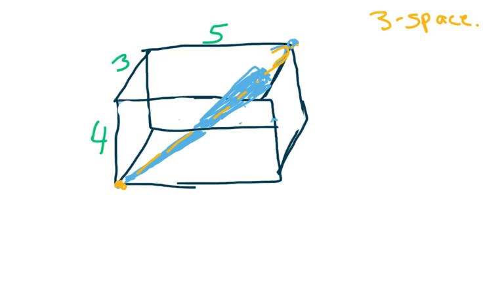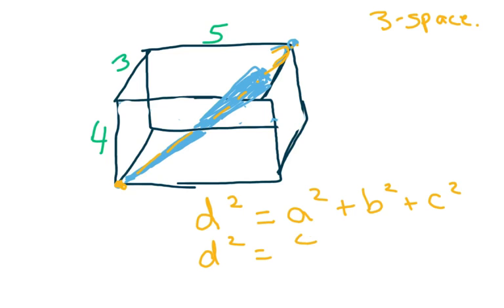And you're just going to use the Pythagorean Theorem as such. D squared equals A squared plus B squared plus C squared. So D squared equals, and you can call these whatever you want, I'll just say 4 squared plus 3 squared plus 5 squared. And then you take the square root of both sides, and you get that.